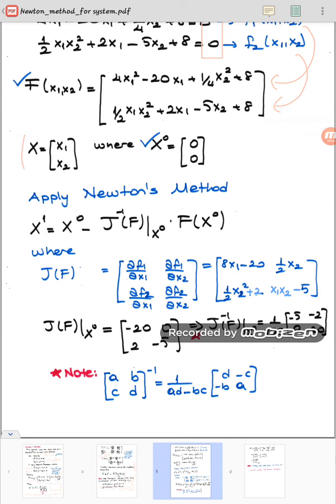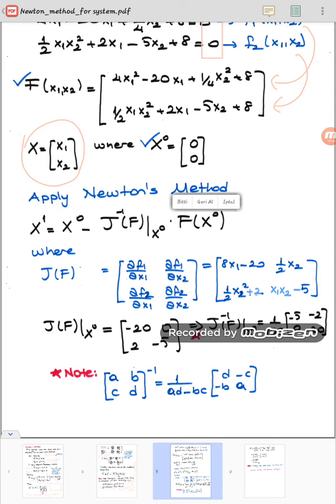And we also have discussed the x vector, which is our solution vector and which has two components, x1 and x2. And x0 looks like a power, but it is not a power. In numerical methods, it is written like this for the iterational process.